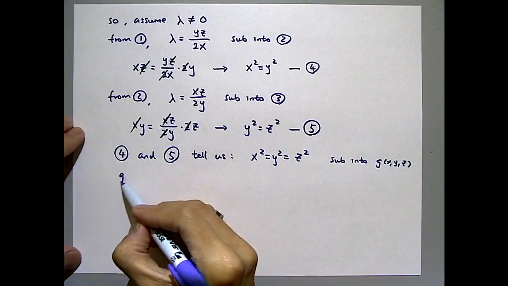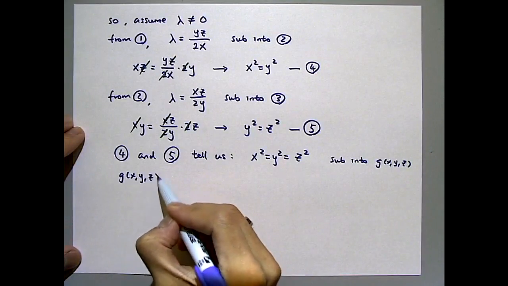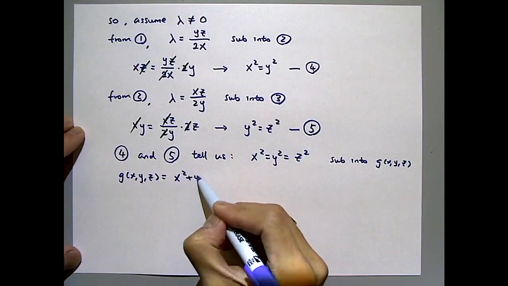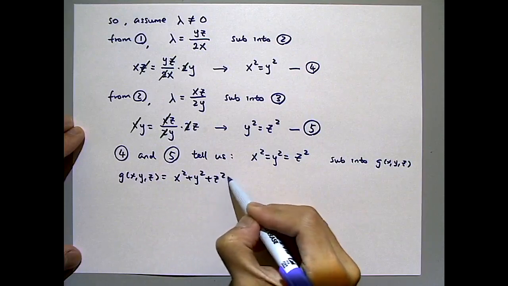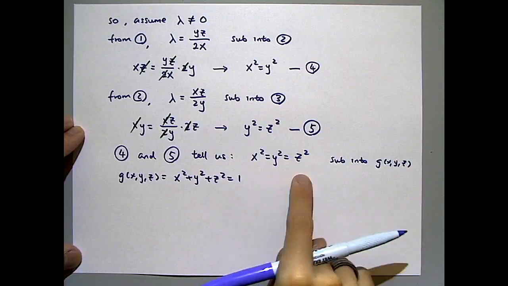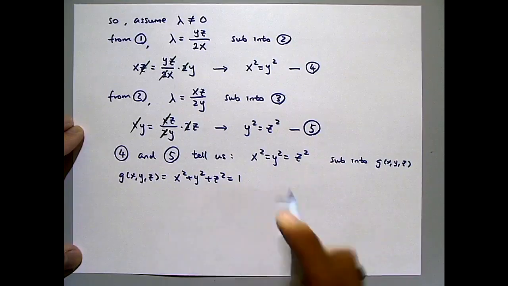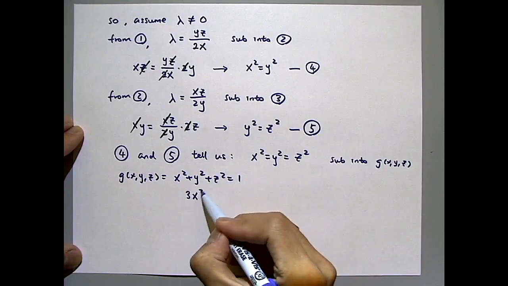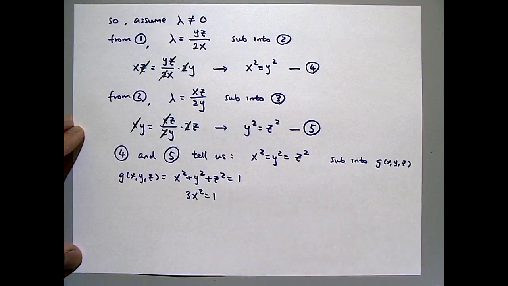All right, so G of x, y, z is x squared plus y squared plus z squared is equal to 1. But we just found out that they're all equal. So this is equivalent to 3x squared is equal to 1, right?